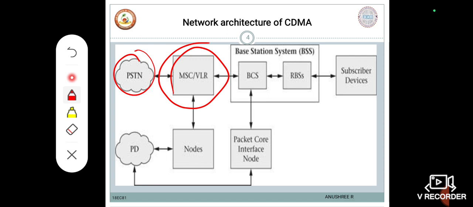Additionally, the IWF node supports circuit switched data calls by providing internal modems for connections to dial-up internet service providers. These circuit switched data calls are connected to the PSTN through the MSC. The IWF typically uses Ethernet for the signaling between itself and the MSC and for the exchange of packet data between itself and the PDN.